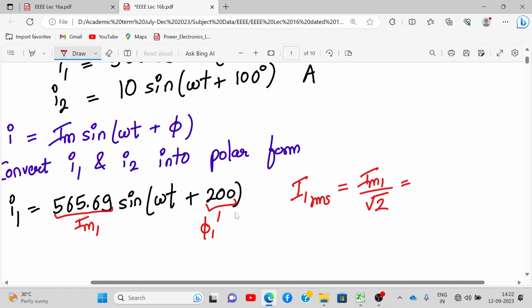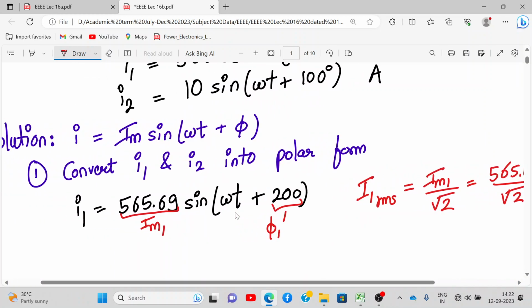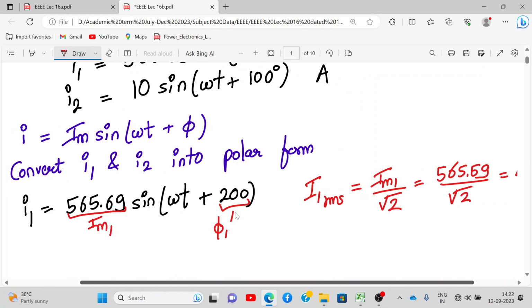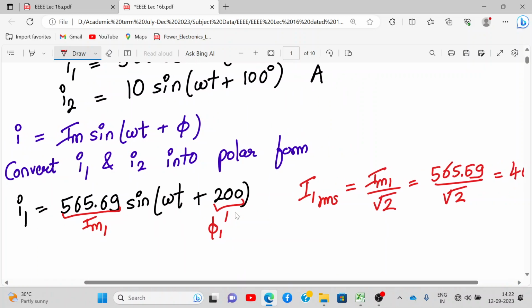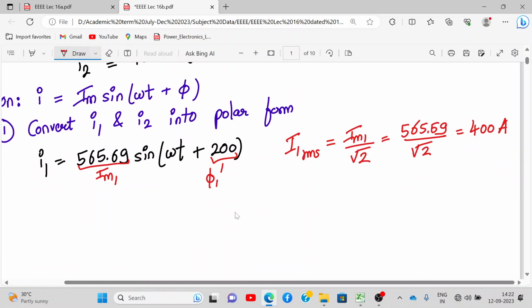So please calculate this number. 565.69 divided by root 2. How much is it? 400 amperes. Yes. This value is IM1, right? We want the RMS value. So how will you calculate RMS? Peak divided by root 2. So IM divided by root 2 we will calculate. Next, calculate similarly for I2 also.